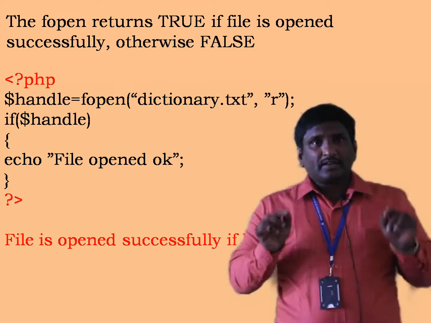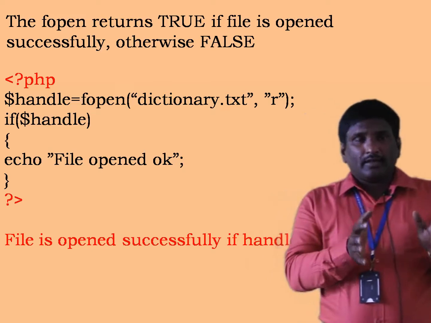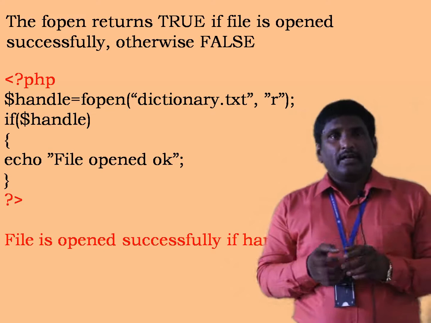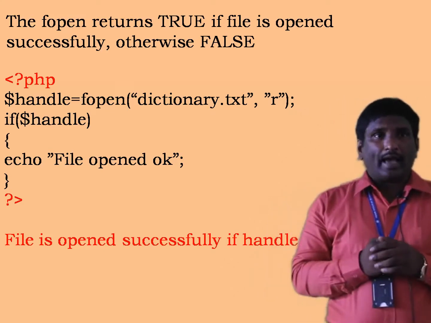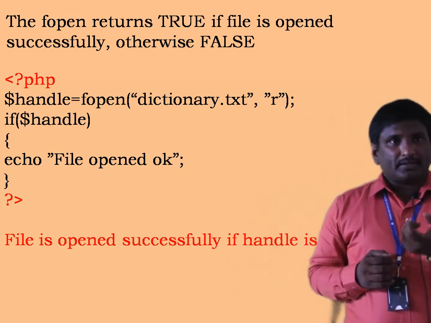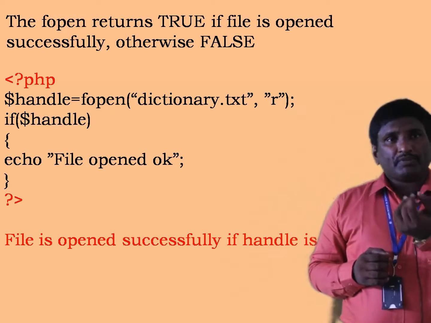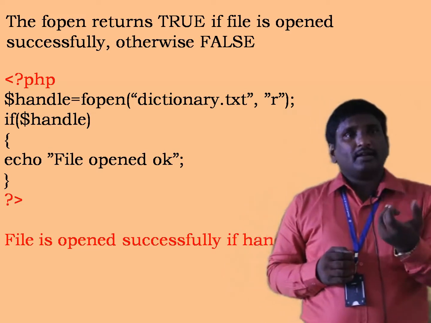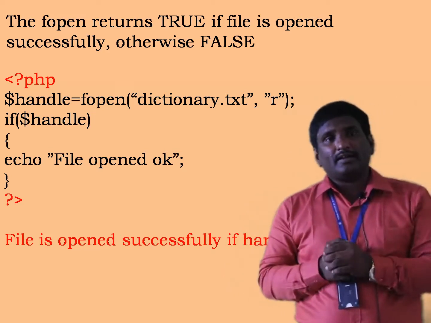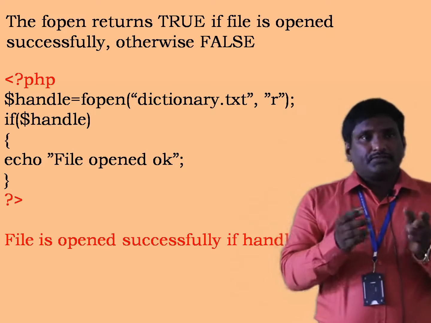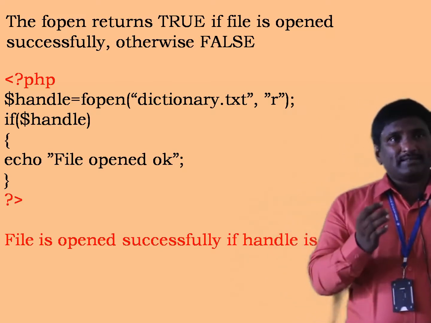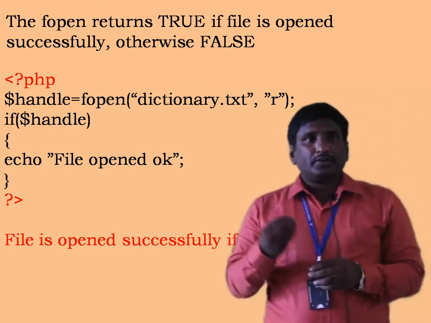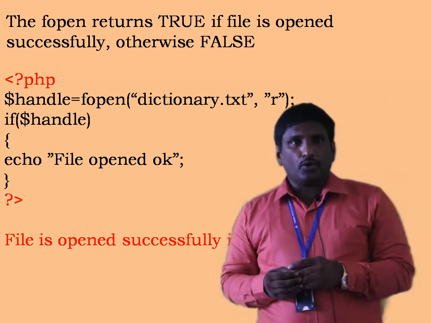The content or characters in dictionary.txt can be read by using the handle. If my fopen function is executed and the file is opened, it returns a handle, which I specify as $handle. If it returns true, the file is open. By using this example, we can check whether the file is opened or not. This is for read only mode.